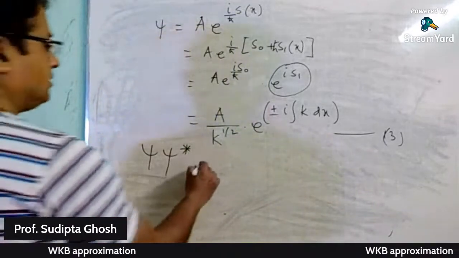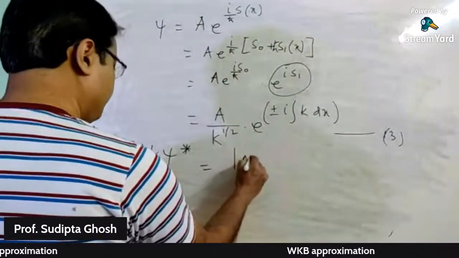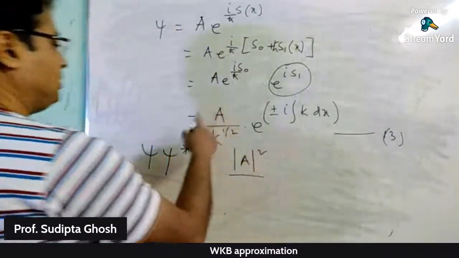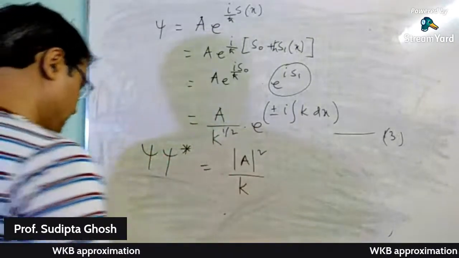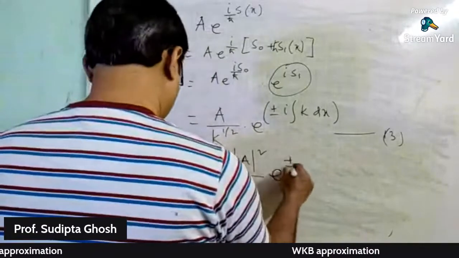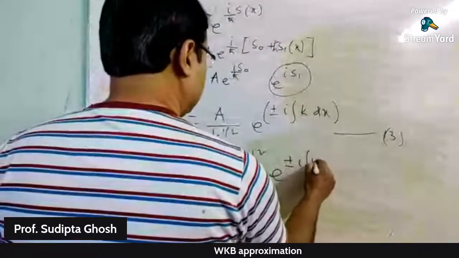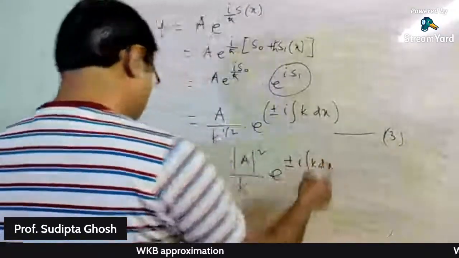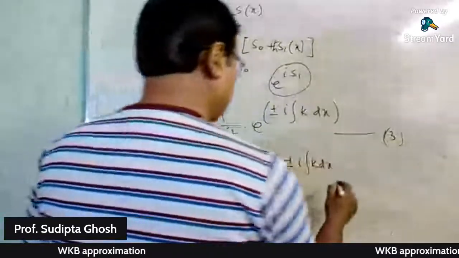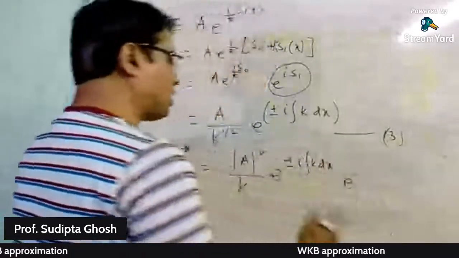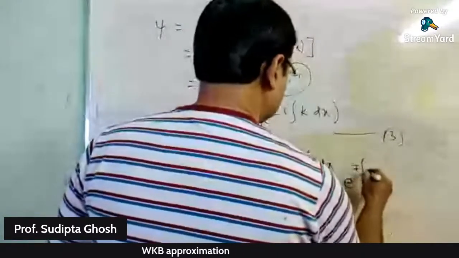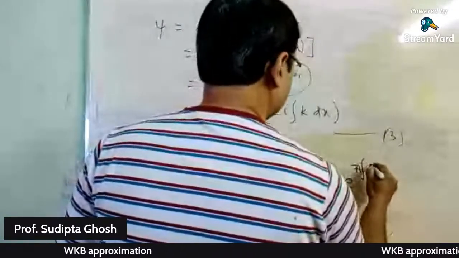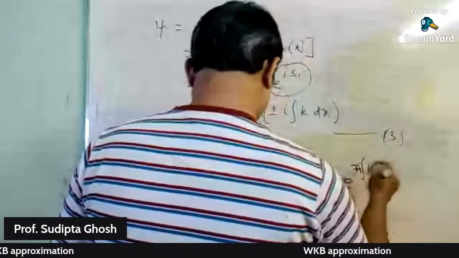It becomes mod of A square, k to the power half, and k to the power half again means k, e to the power plus minus i integral k dx. This was the value of psi, and then you have to write the complex conjugate as e to the power minus plus i integral k dx.